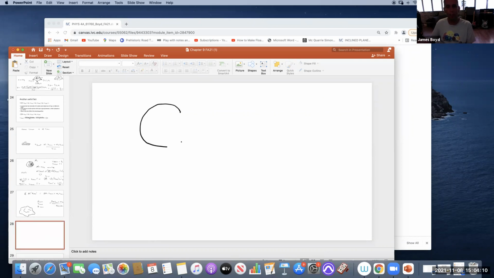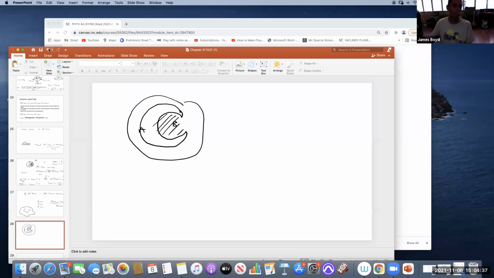If I needed to find the center of mass of a moon-shaped object, I could fill this in, if it was uniform, figure out what the total center of mass was, and remove that. Let's do it this way: I want to find the center of mass of A, and this whole thing would be C.